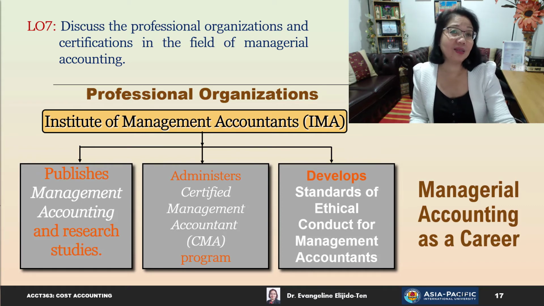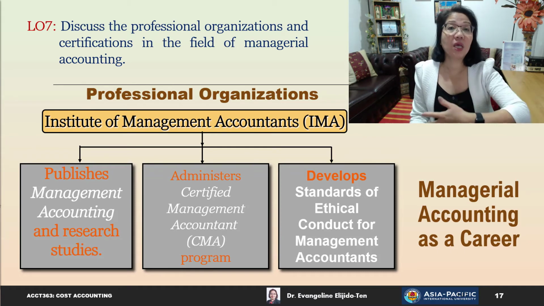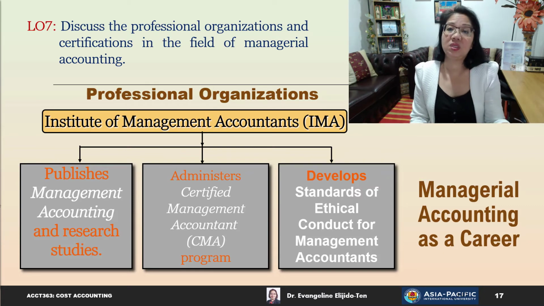So I guess that is a good monetary incentive to become a member of the IMA. If you are a member of the professional organization, the employers, as well as your customers or other people that you're dealing with, know that you are required to adhere to a code of professional ethical standards.